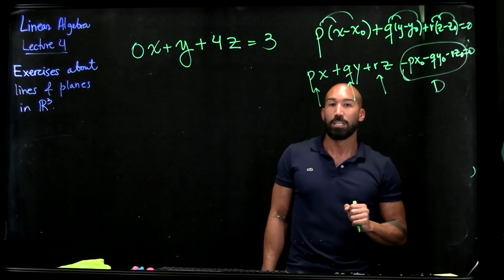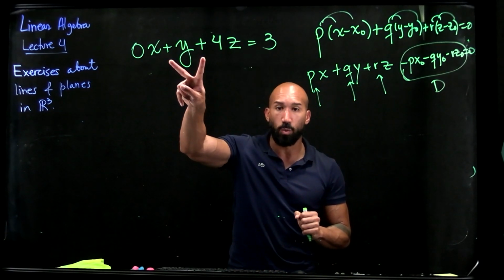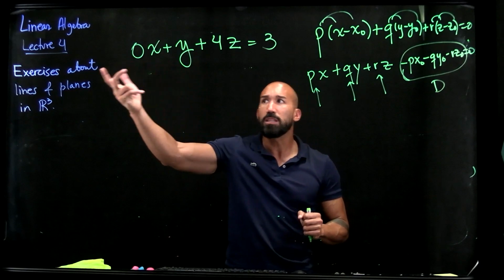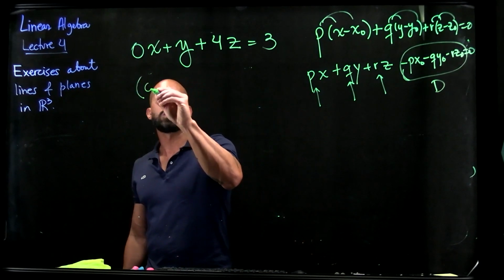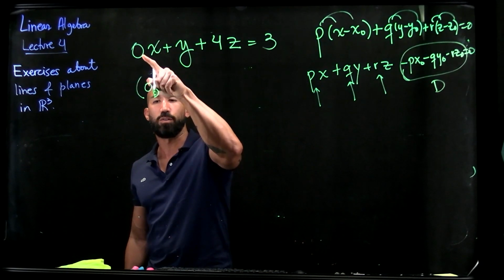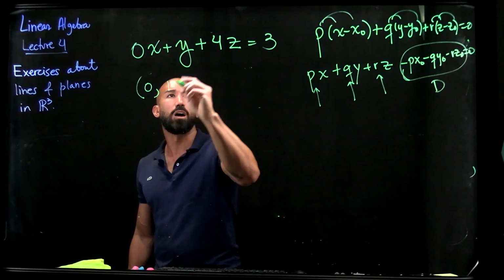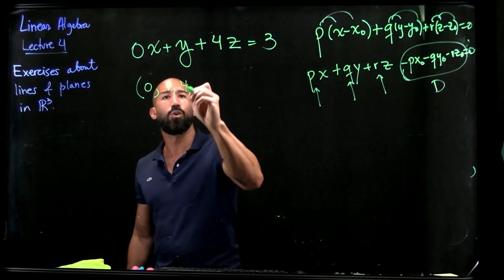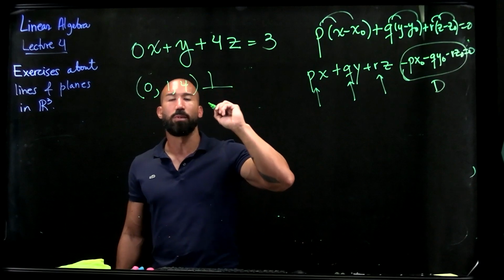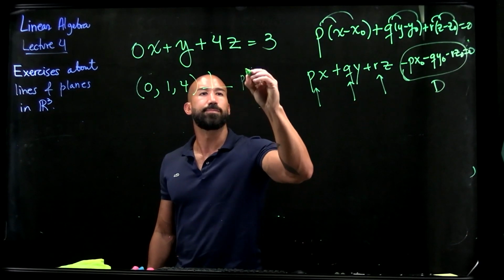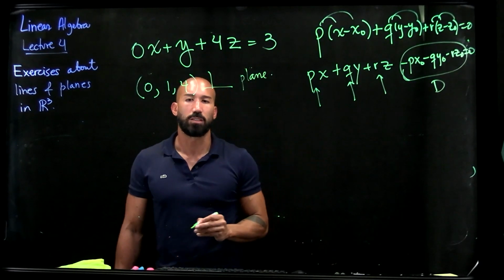Is that okay? So when you have the normal equation of a plane, something that you can immediately say is that (0, 1, 4), the coefficients of x, y, and z, is a normal vector for that plane. Is that okay?